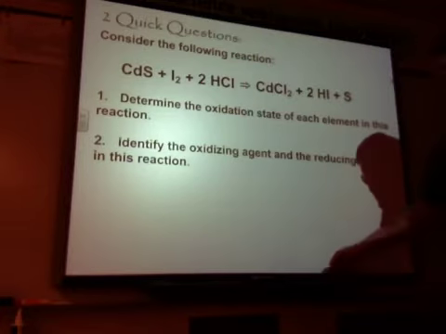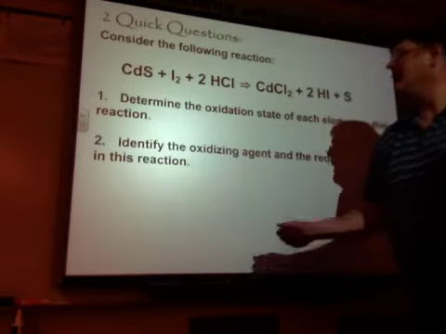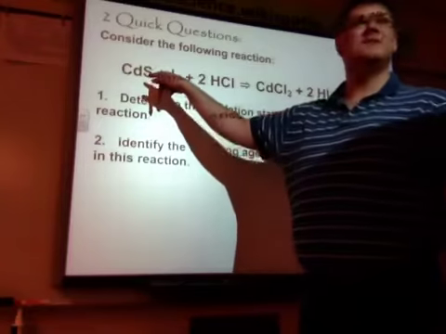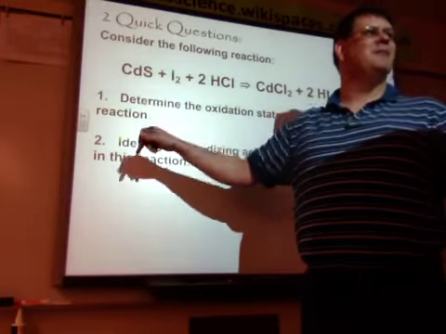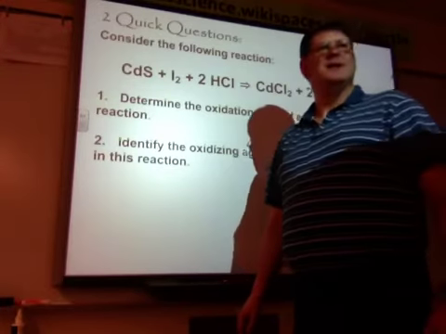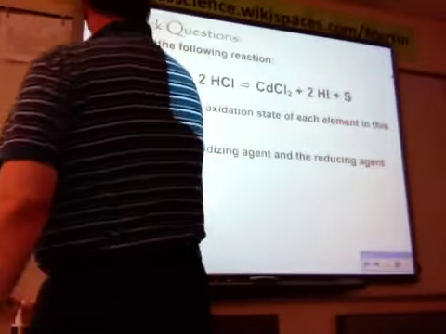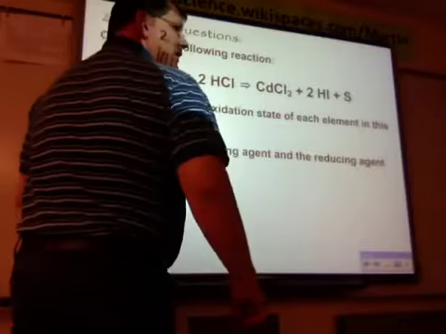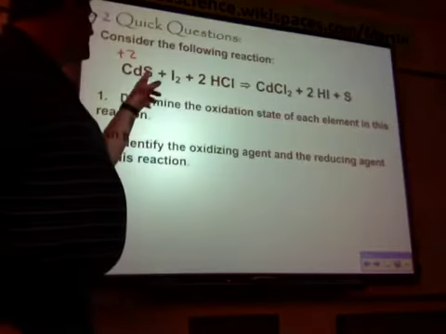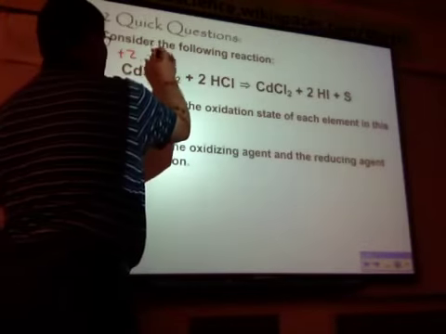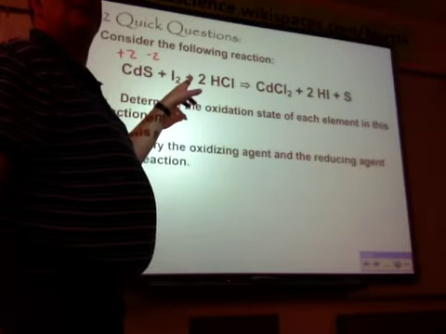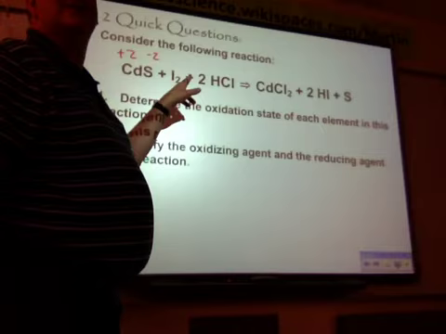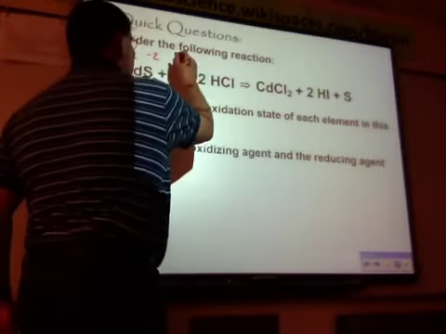Okay? So let's do this. Cadmium sulfide, do we know the oxidation states here? Yes. What's cadmium? +2, because cadmium ion is always 2+. Sulfide, you already know, is -2. Iodine, 0. This is a pure element.